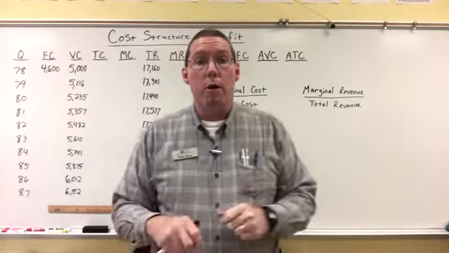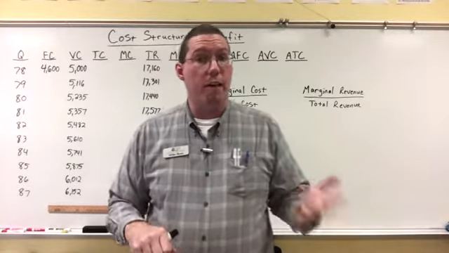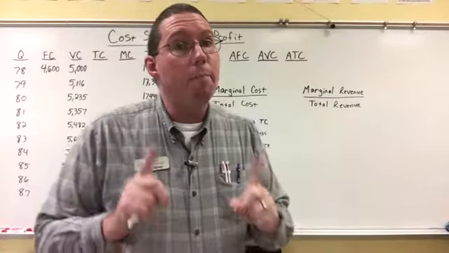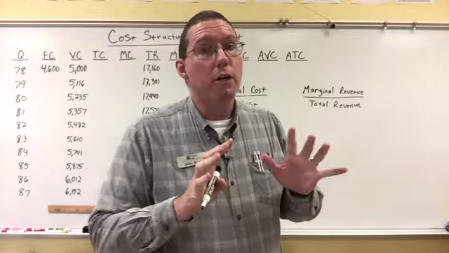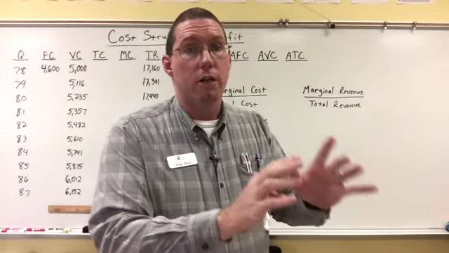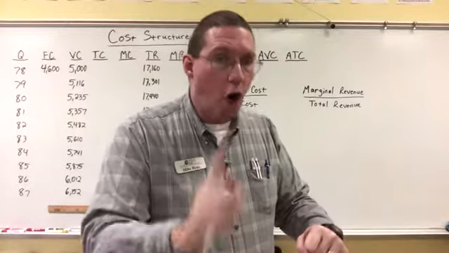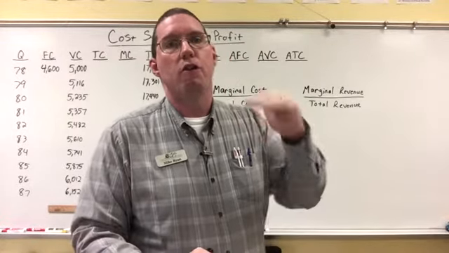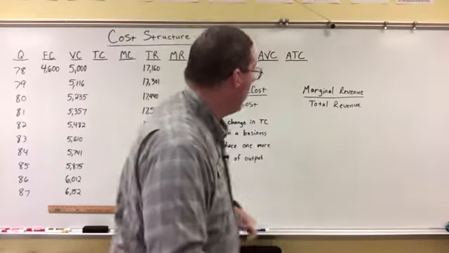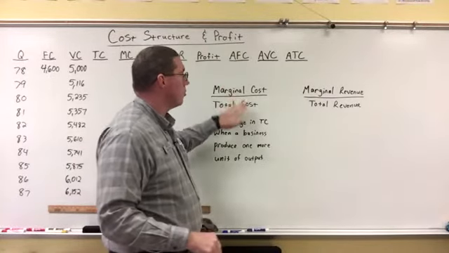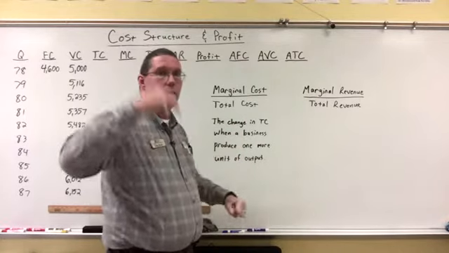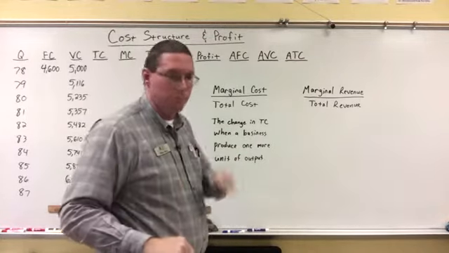Well, remember the law of increasing opportunity cost? The idea that as you continue on a course of action, as you keep saying yes to the same decision, the cost of that decision increases. And so what you're going to see is that marginal costs, the change in total cost, tends to get larger and larger and larger and larger and larger.